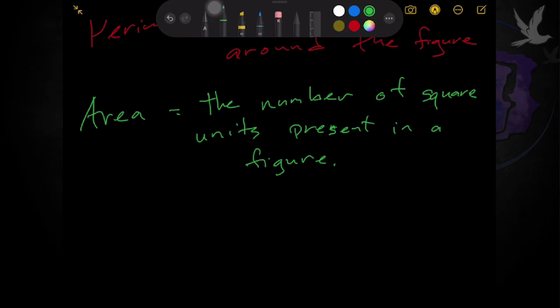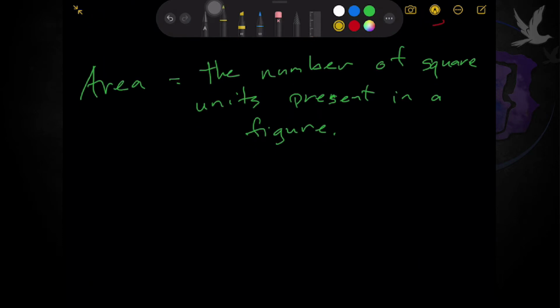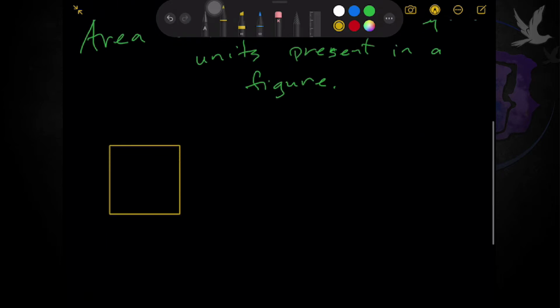So, ano nga bang ibig sabihin ng square units present in a figure? So, for example, we have a square. Example natin ng square muna. If this side basically measures 2 centimeters, so all sides should be 2 centimeters as well. So, taking 2 units, no?